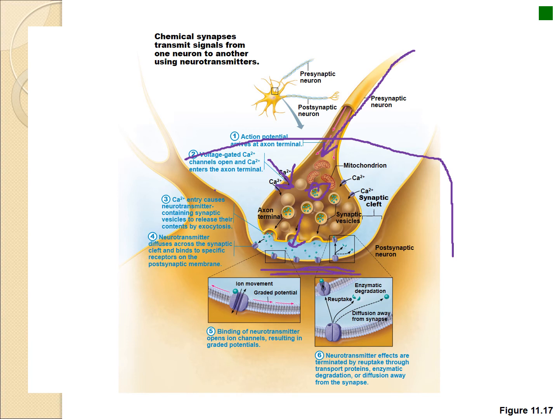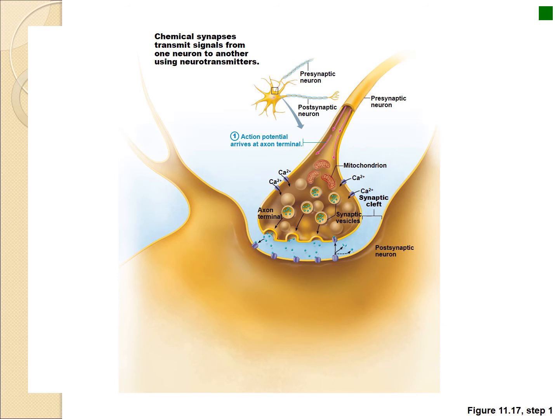So let us look at this step by step. In step one, an action potential travels down here. And we don't care how it was produced. But now what happens is the sodium and potassium are going crazy here. That opens up a special type of channel called a calcium channel. And that allows calcium in here, which is much higher than on the inside, to rush in.